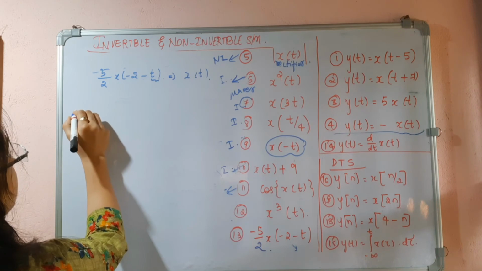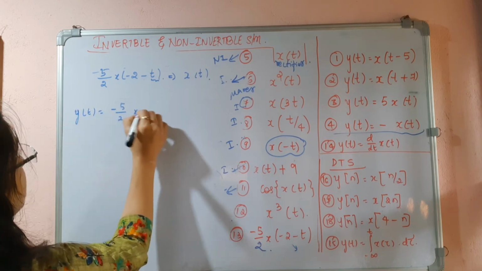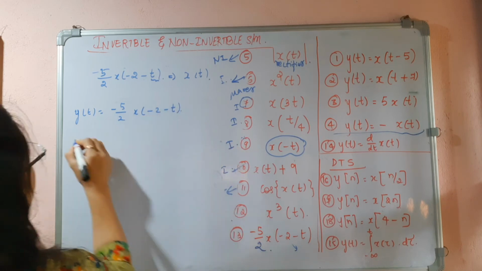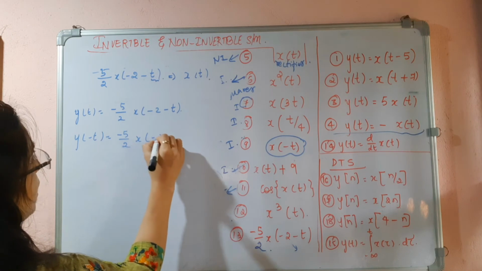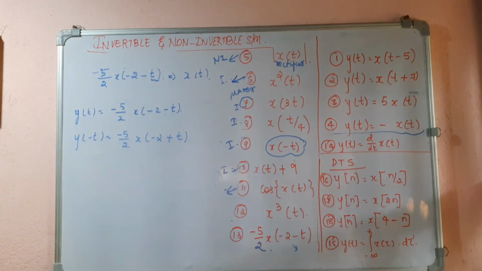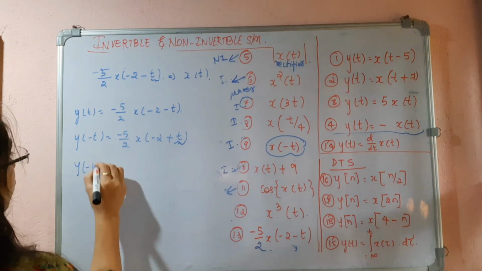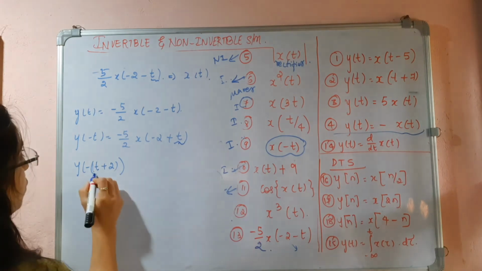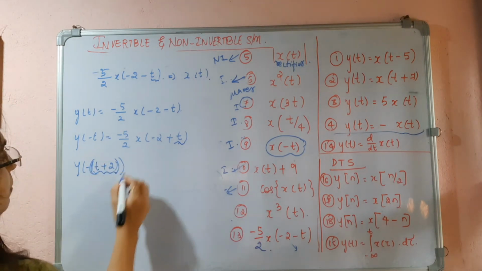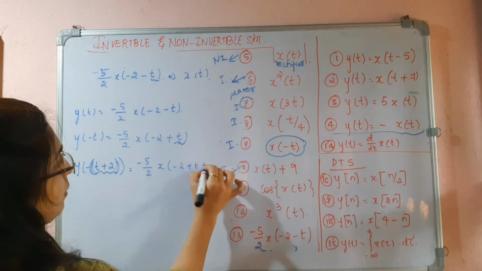So y of t is equal to minus 5 by 2 x of minus 2 minus t. So y of minus t will give me x of minus 2 plus t. Now if I replace t by t plus 2, be careful here, it's inside the bracket, minus 5 by 2 x of minus 2 plus t plus 2.